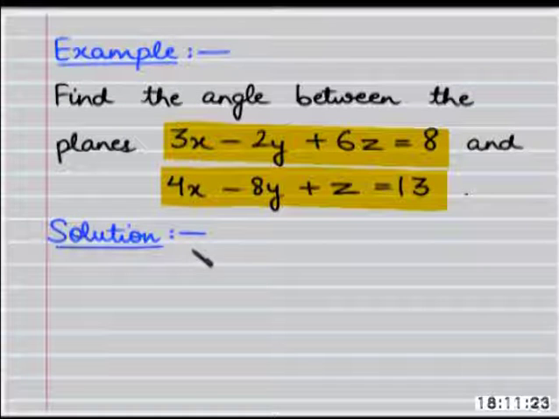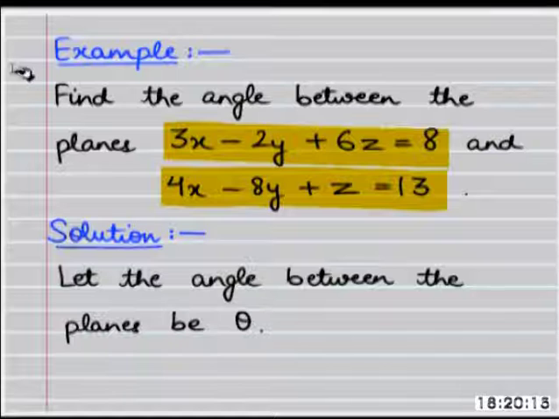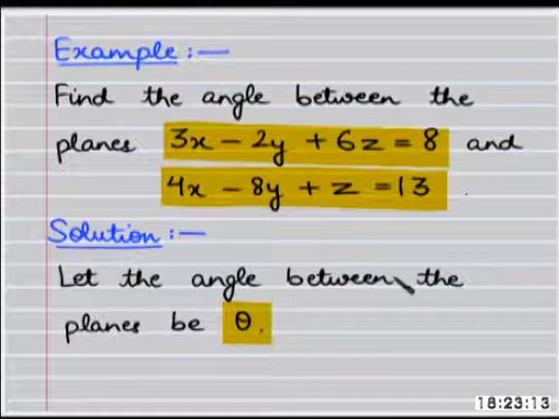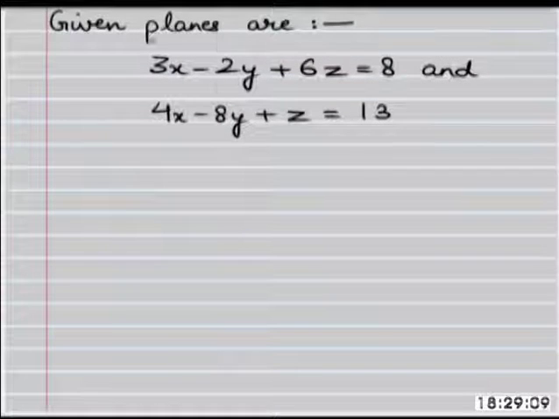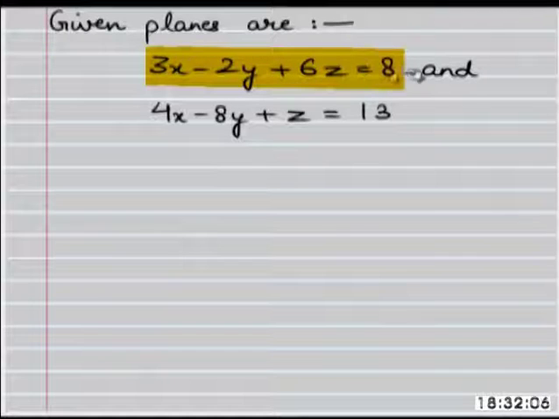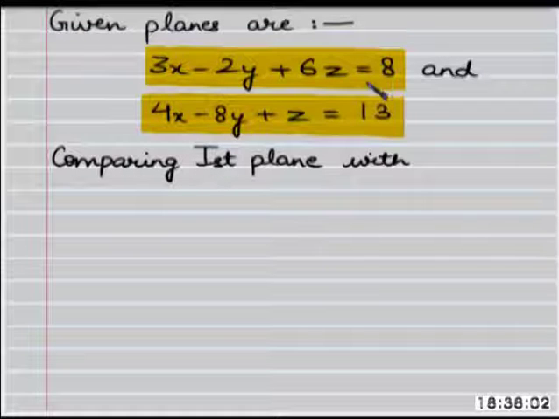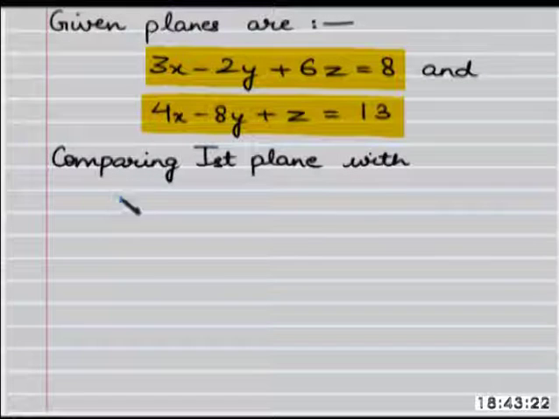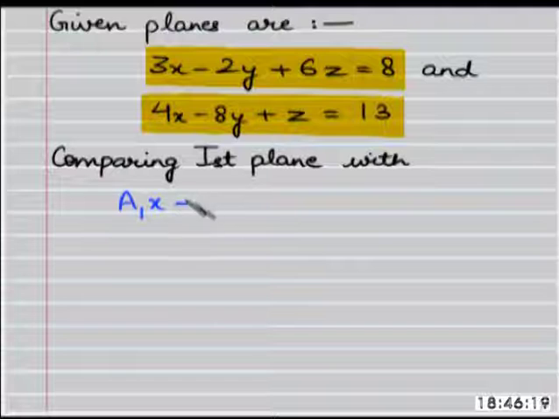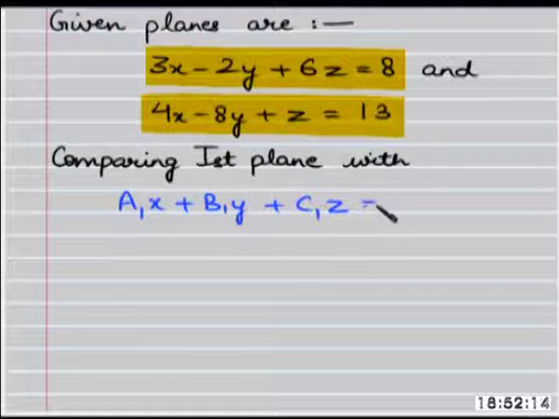Now we will see its solution. First of all, let the angle between the two given planes be theta. Now, as the given planes are, comparing the first plane with the general form of equation of plane, which is a1 into x plus b1 into y plus c1 into z is equal to d1.